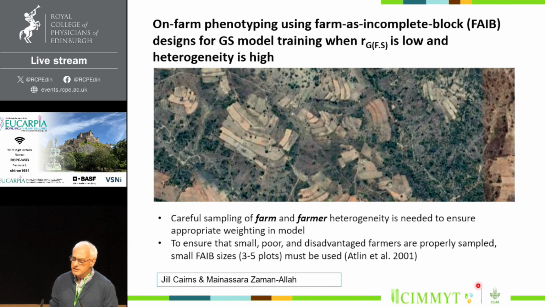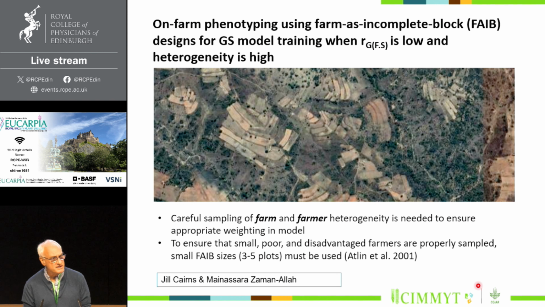And when we first started doing this, for reasons of simplicity and logistical ease, we would often try to allocate something on the order of 20 plots, sometimes, and for late stage on-farm testing, that's still often done. People try to replicate on individual farms, for example, a relatively small number of selection candidates.